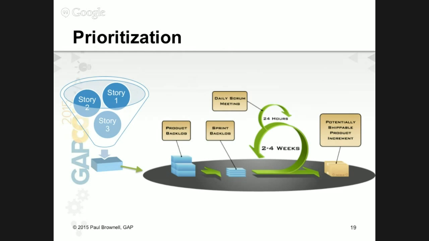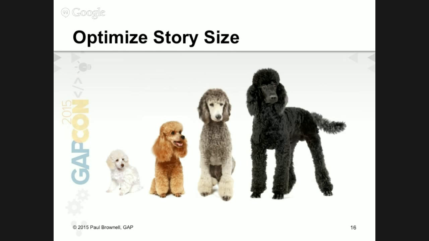And then the other important piece when it comes to planning is the prioritization. We talked a little bit about this already, that the team will eventually pull stories off in some order. As a product owner, product manager, it's to your advantage to define that priority so that you can be sure that the most important things get done first.